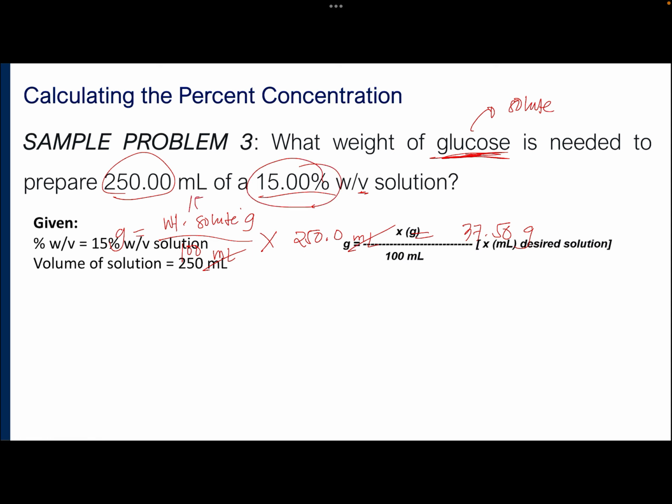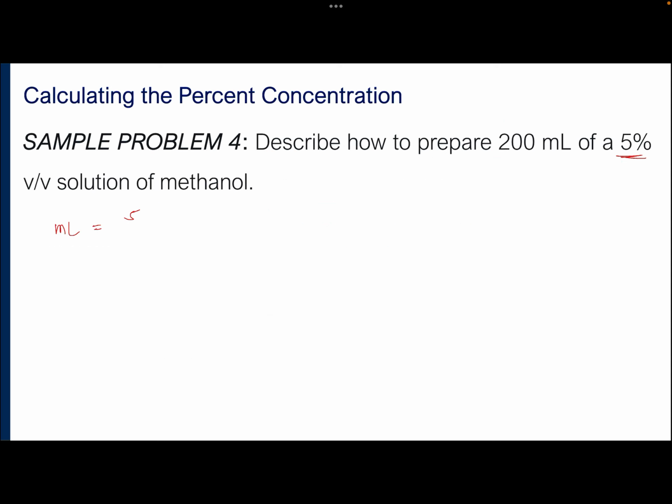Because again, in every 100, how many parts do we have if it is a percent? So this 15%, we have in every 100, 15 grams. So the weight of solute is 15 grams. Sorry. So again, describe how to prepare 200 ml of a 5% volume per volume solution of methanol.